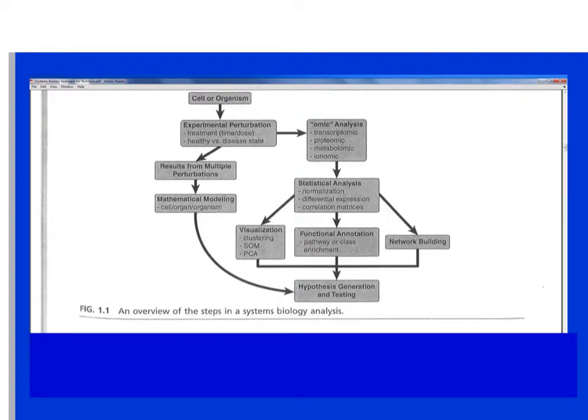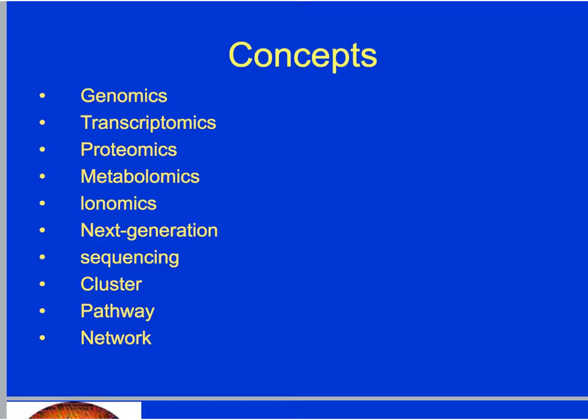And so we're going to talk a little bit about that in the approach that we can take. So the concepts that we use obviously are things like genomics, transcriptomics, all the way down to network modeling.